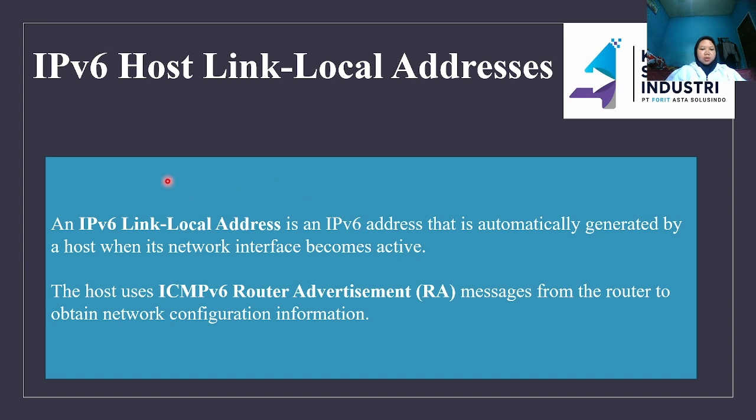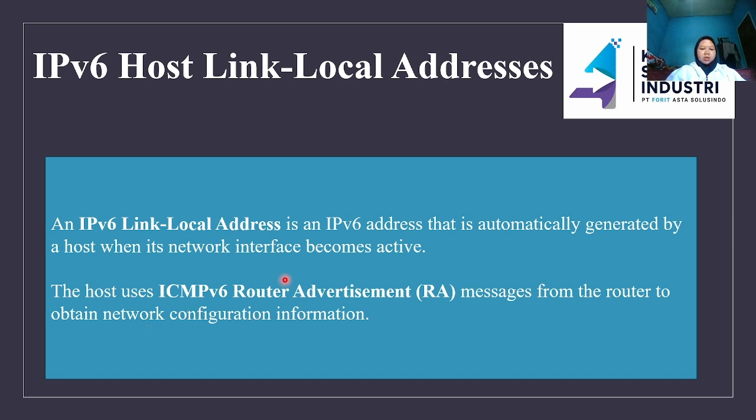Here, we have the IP version 6 host link local addresses. An IP version 6 link local address is an IP version 6 address that is automatically generated by a host when its network interface becomes active. The host uses ICMP version 6 router advertisement RA message from the router to obtain network configuration information.